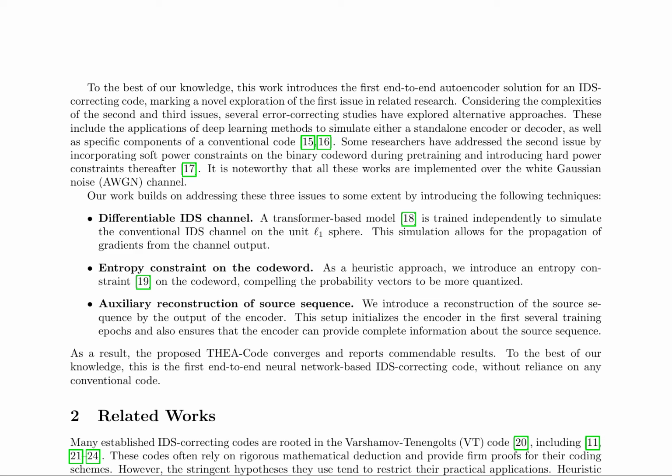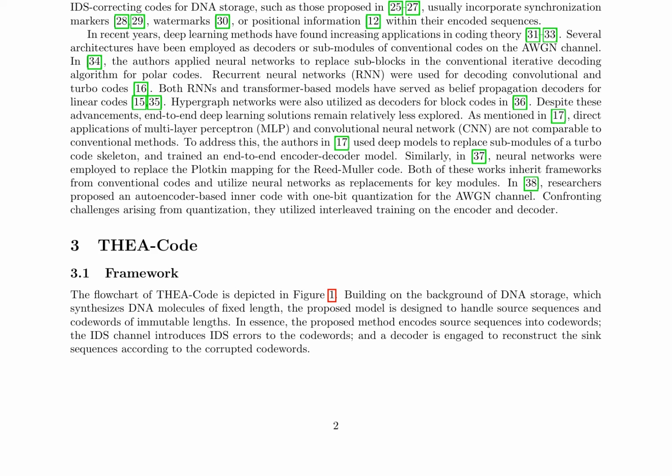The research introduces a novel end-to-end autoencoder solution for an IDS-correcting code, addressing complexities in error-correcting studies. It builds upon techniques such as a differentiable IDS channel, entropy constraint on the codeword, and auxiliary reconstruction of the source sequence. This approach converges and reports commendable results, marking the first end-to-end neural network-based IDS-correcting code without reliance on conventional codes.